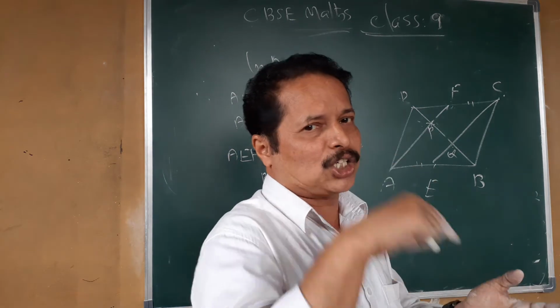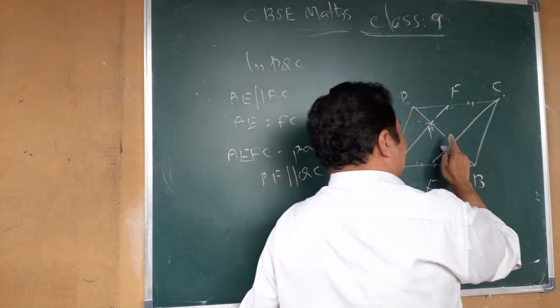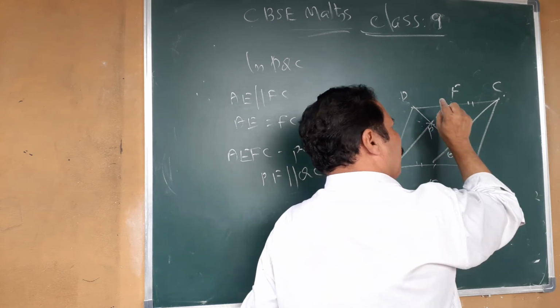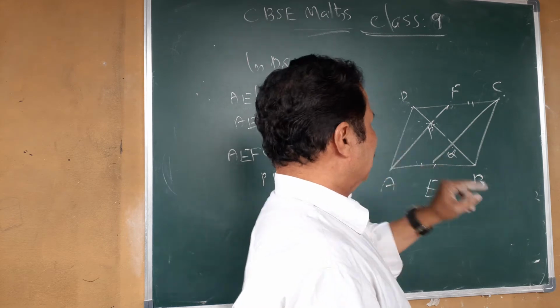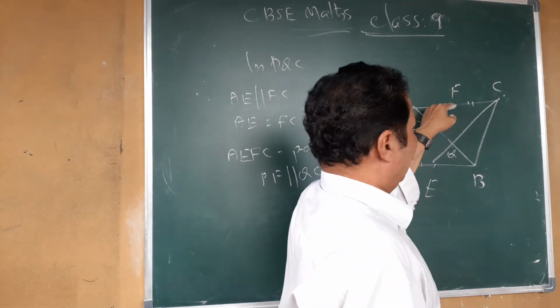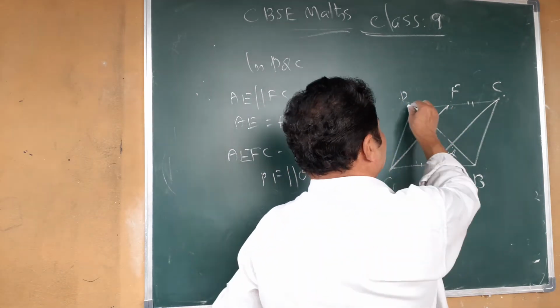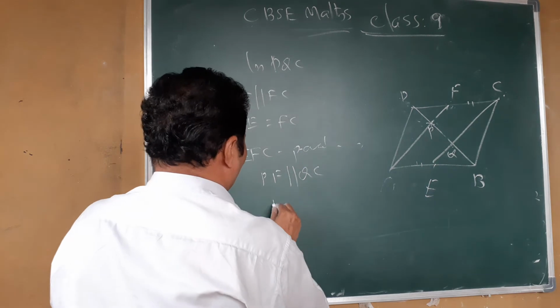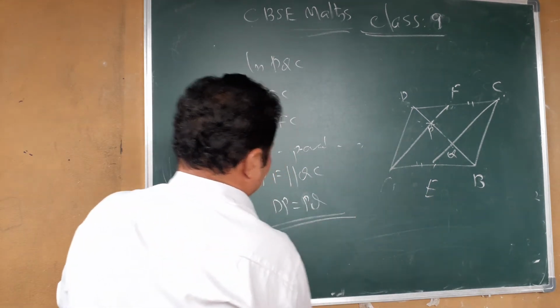That is the converse of the midpoint theorem. That is DP equal to PQ. Underline.